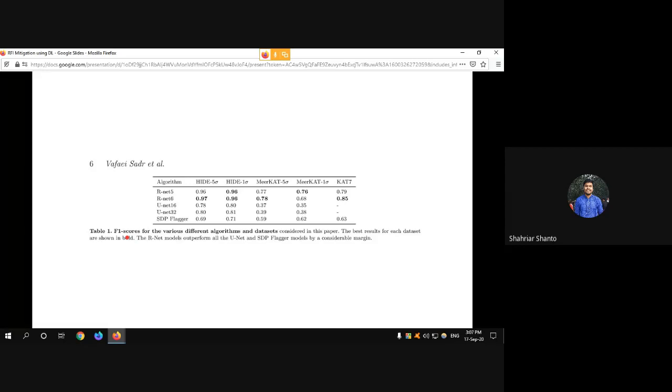We can see that RNet is the best in terms of F1 score across all the data sources: the HERA data sources, the MeerKAT data sources, and the Cat7 data sources. The Cat7 one is the real observation that was hand labeled, and it got 85% F1 score for that particular data set.